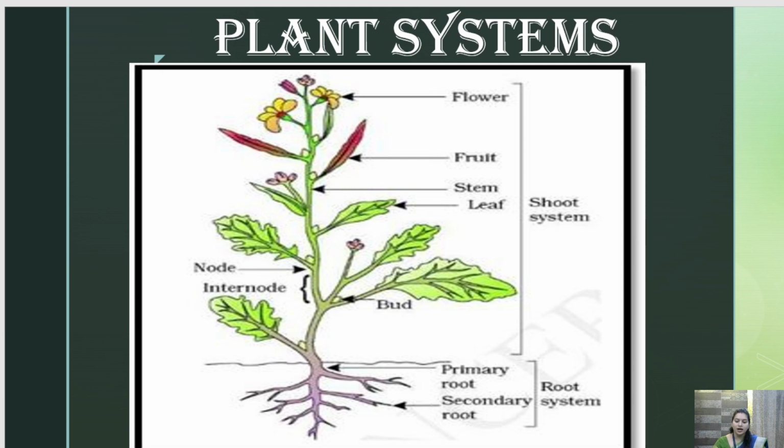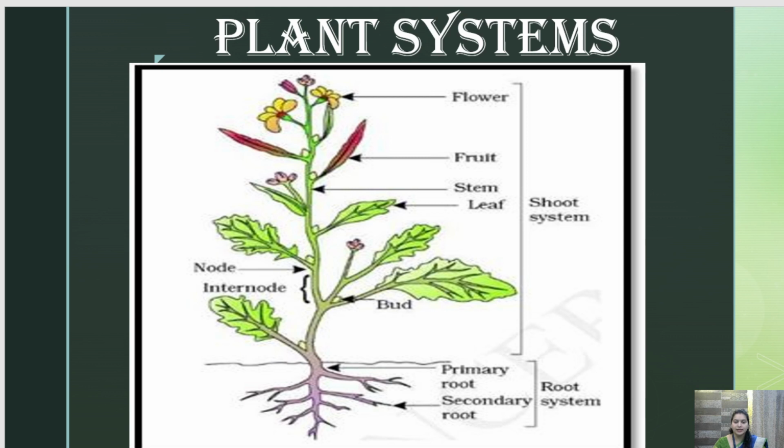Under the ground, soil is present and in the soil the roots are submerged, so it is the root system. Whereas above the soil level, everything that is present is the shoot system. Like flowers, fruits, stem, leaf, all these things are included in the shoot system.